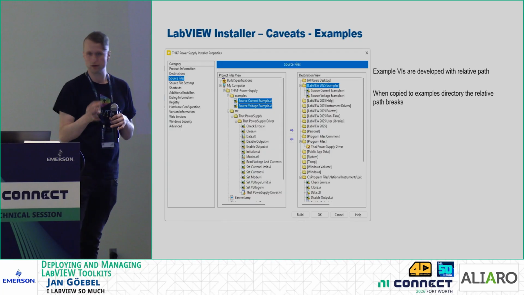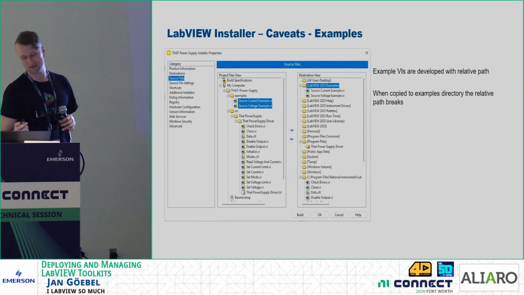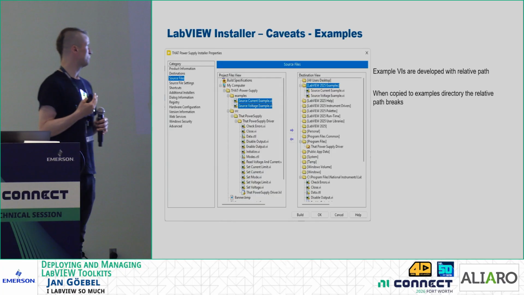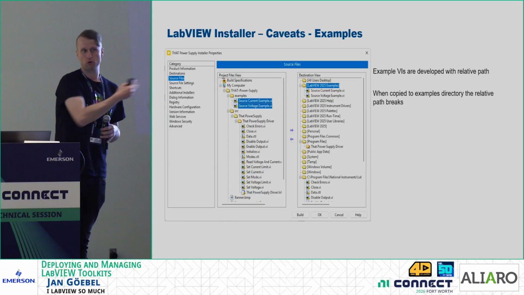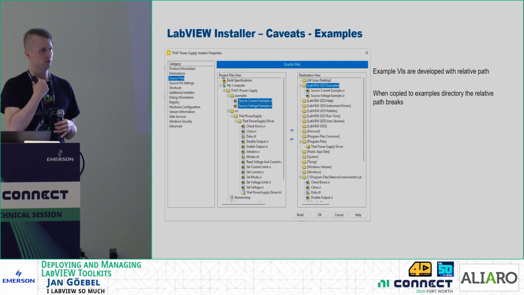You might use other ways to relink that in some way, but that's definitely a challenge when using installers. Still, if you want to brand your product, it might be worth the effort just to have the nice appearance of the installer.